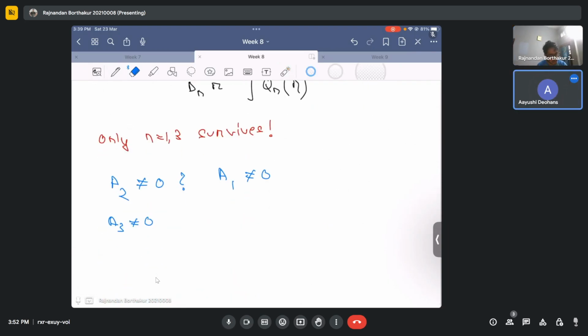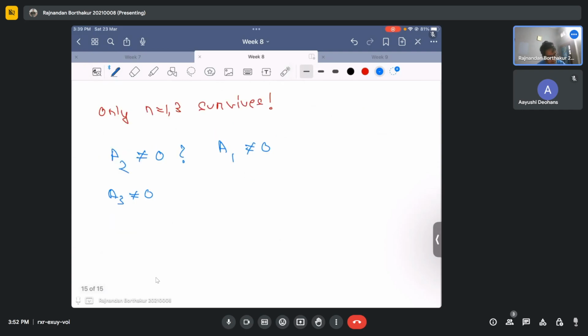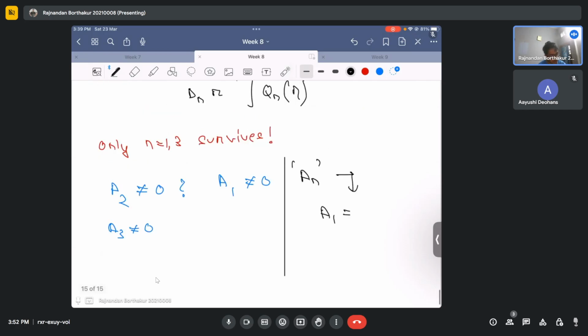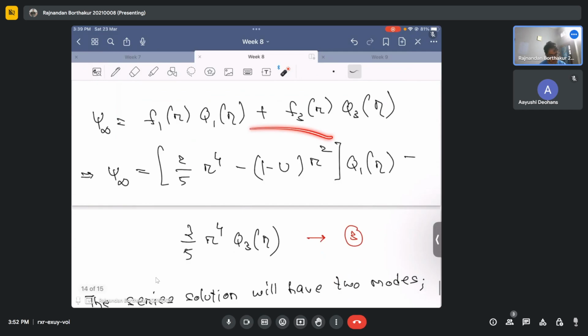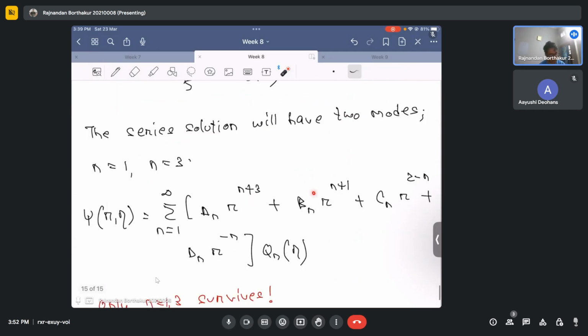Which means, what I am trying to say is that the An that we have will only have one form, which is just a1. Can you tell me what would be a1 by comparing this and this?